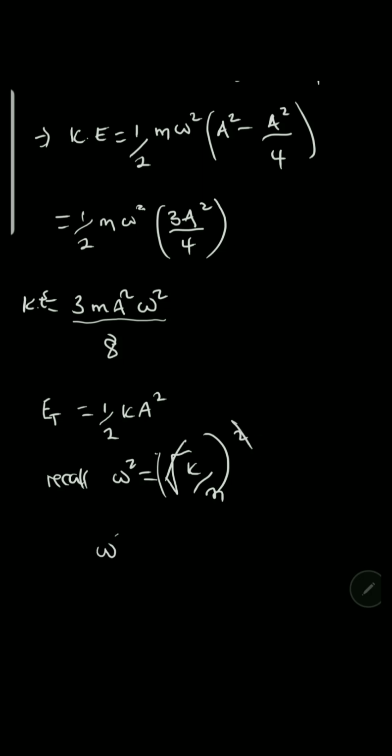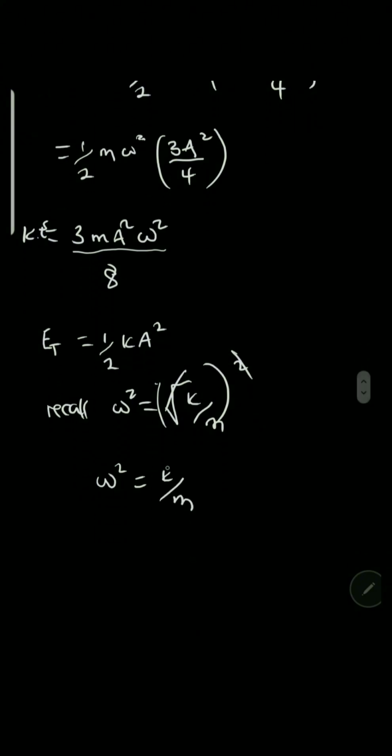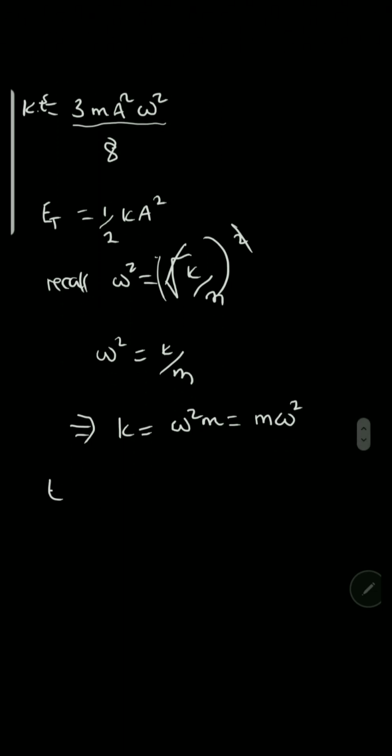Then this means that omega squared is equal to k over m. Now as you can see, we have k here, so make it the subject of the formula. Then we have k equal to angular frequency squared times mass, which you can still write as mass times angular frequency squared. Now we have that the total energy is equal to half mass angular frequency squared, then amplitude squared, like this.